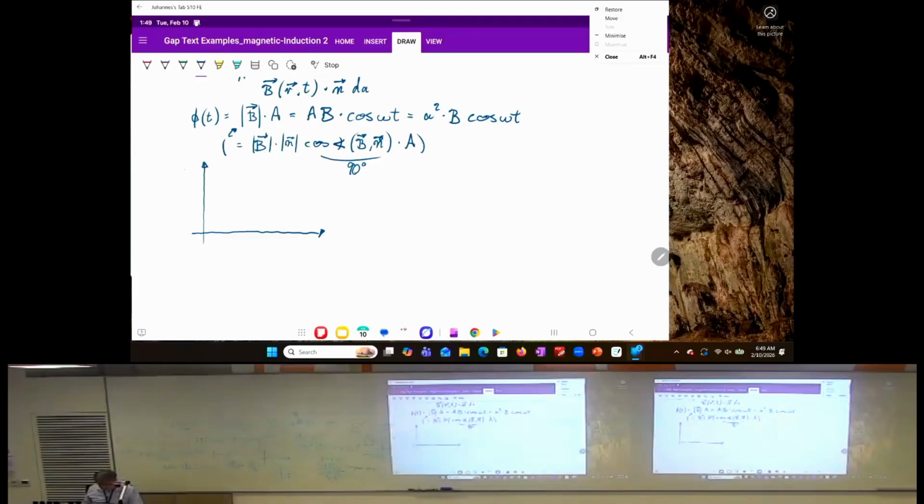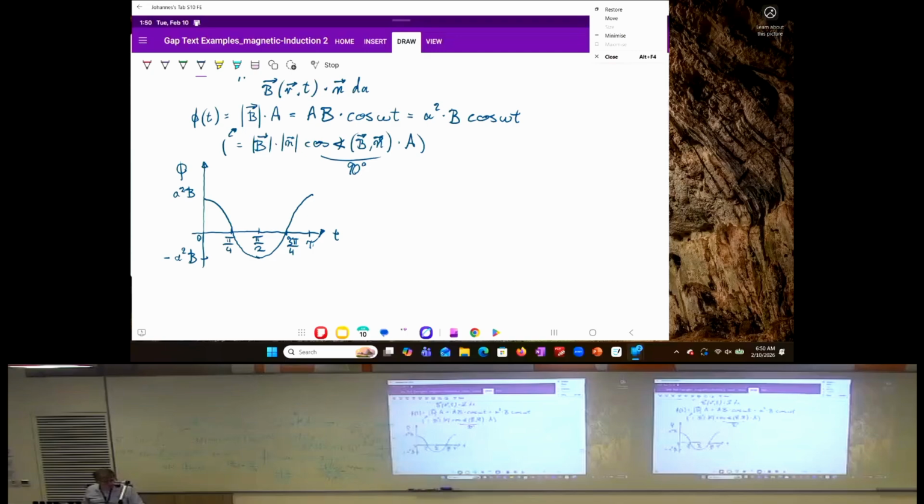So you see that there's a cosine dependence. Our flux starts with a squared B, and goes to minus a squared B at the lower extreme, with pi over 4, pi over 2, 3 pi over 4, and pi on the time axis. This is how your flux evolves under the assumption.